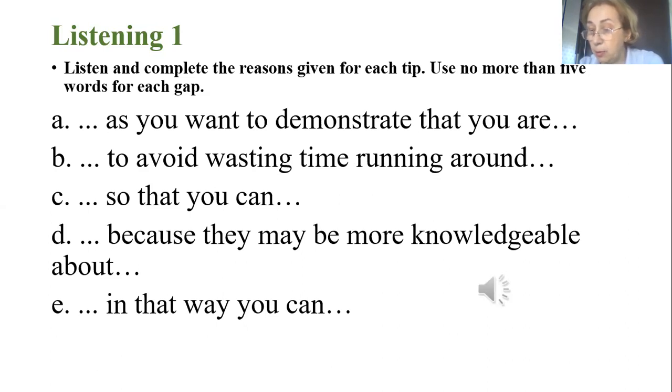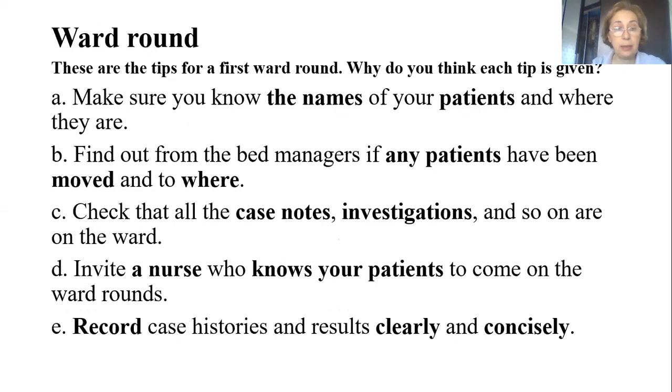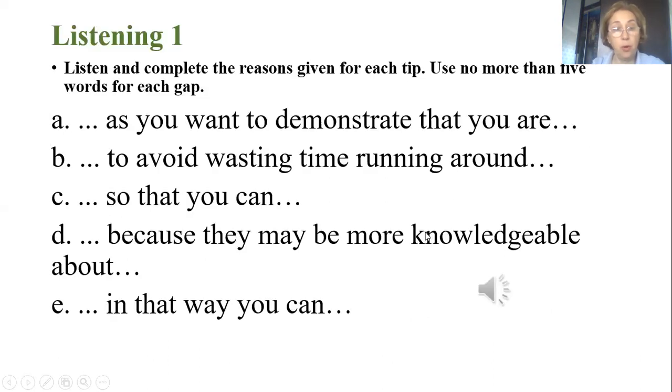Okay, now Nisanur, please. C sentences for you. So this tip says, check all the case notes, and she says x-rays, investigations, on the ward, so that you can, Nisanur, you can do what?